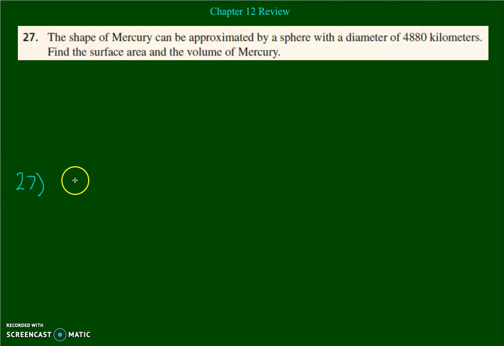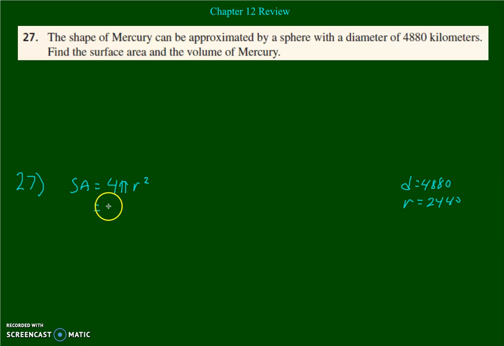We know that surface area is 4 pi r squared, and since the diameter is 4880, the radius must be 2440.